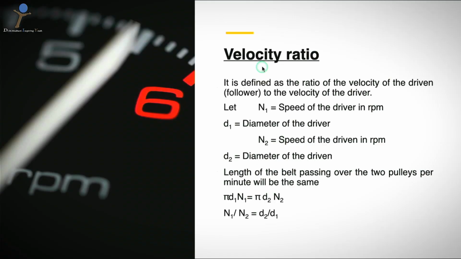Let's understand the velocity ratio of belt pulley systems. Velocity ratio is defined as the ratio of the velocity of the driven to the velocity of the driver. If n1 is the speed of the driver in RPM, d1 is the diameter of the driver, and n2 is the speed of the driven in RPM, d2 is the diameter of the driven.